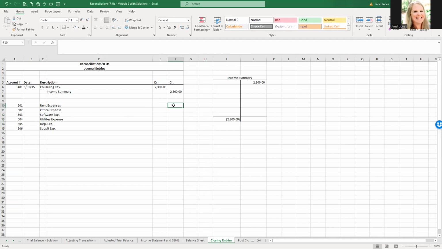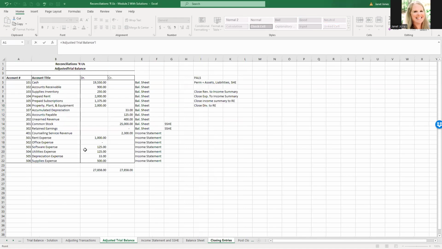So we need to credit these to close them. So if we're crediting these, I put them in the wrong column, then we're going to need a debit to offset them. So that debit is going to go to that income summary. And the income summary doesn't have a number because it's really just a holding account until the end where we will close it ultimately to the retained earnings.